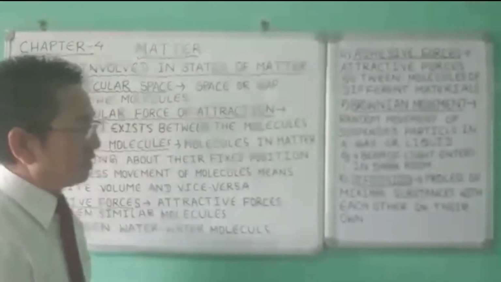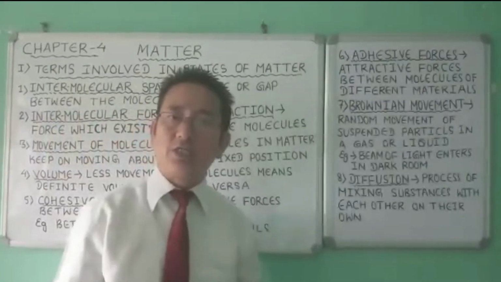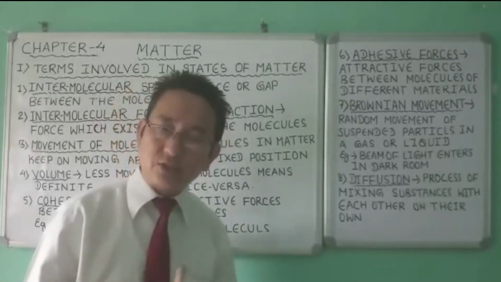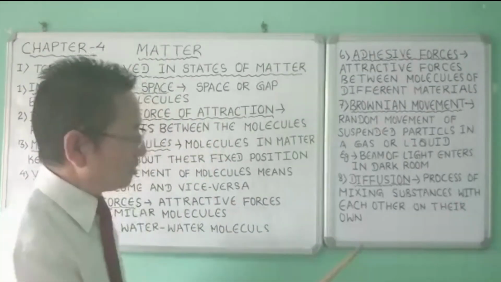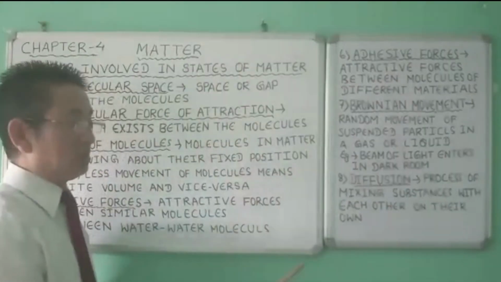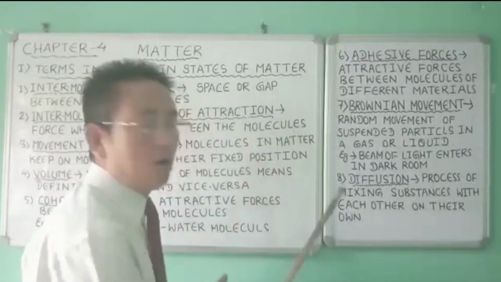Now next, diffusion. What is diffusion? It is the process of intermingling the molecules of one substance with the molecules of another substance. Here you can see, diffusion is the process of mixing substances with each other on their own.